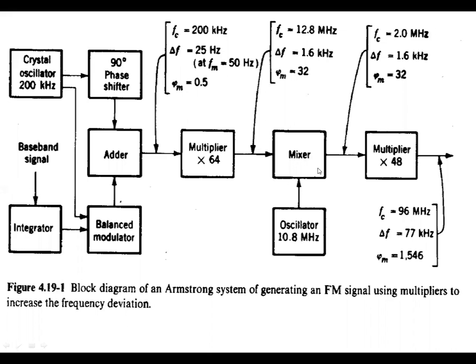So the mixer input is one oscillator, that is 10.8 megahertz, and the mixer output is FC minus this carrier frequency. That is, the mixer gives only the frequency difference, not all other factors.